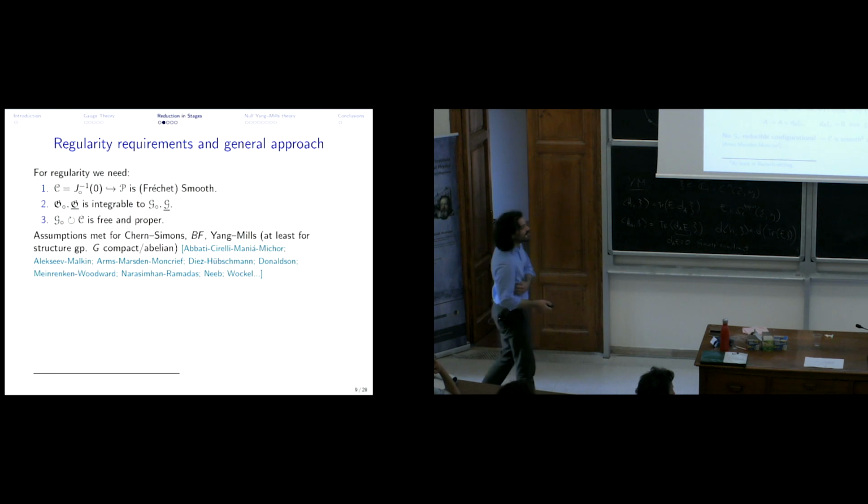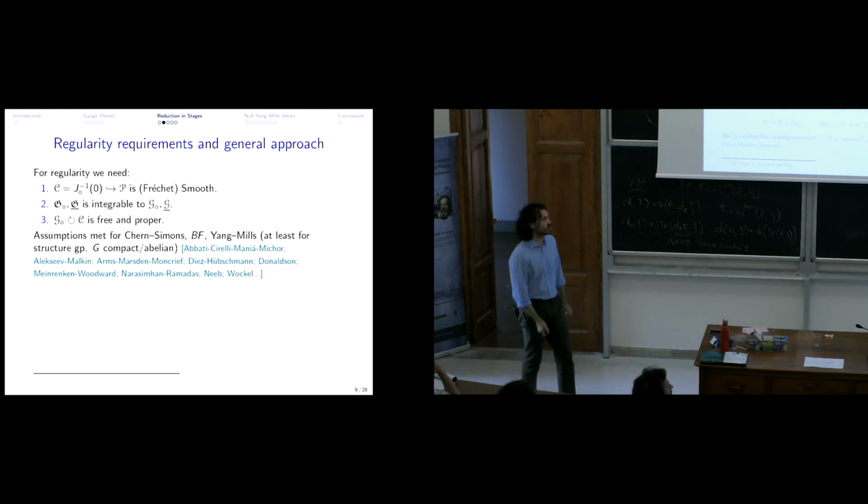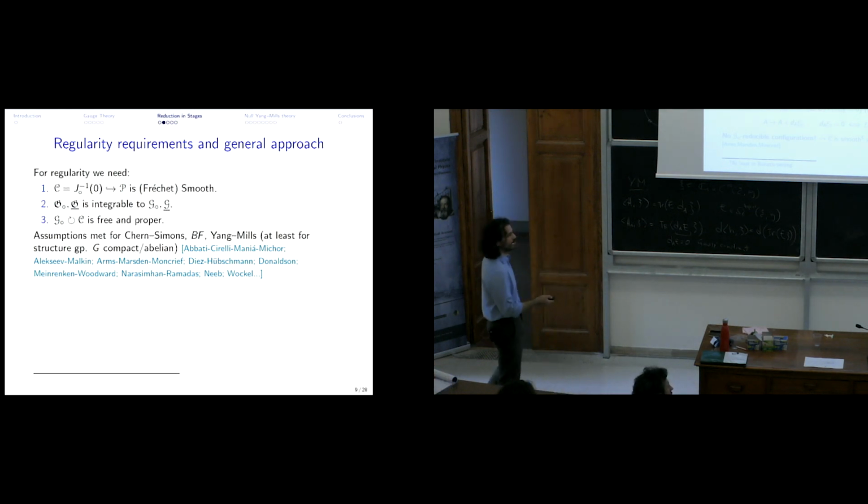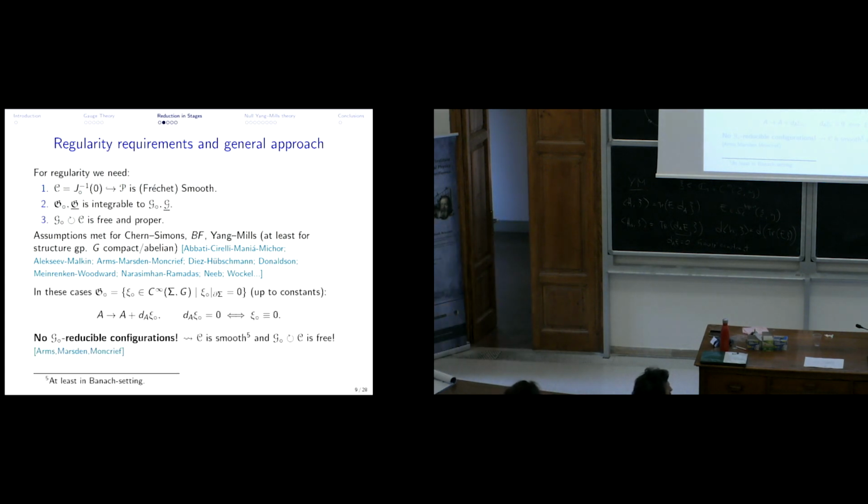Now, this can be verified for a relatively large class of theories. For example, Chern-Simons, BF, Yang-Mills, at least for G compact, because there you have properness of the action. In these cases, in fact, G naught is nothing but the gauge transformations that vanish at the boundary, okay?